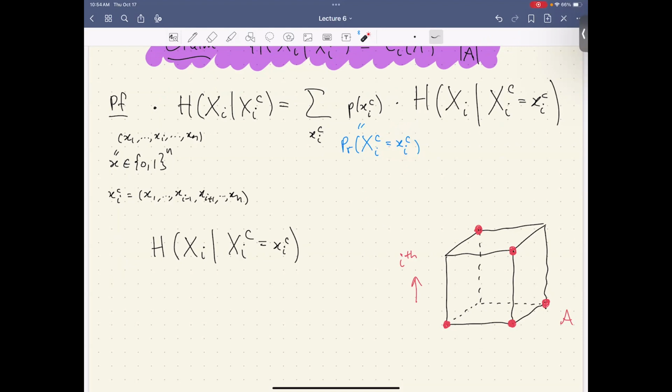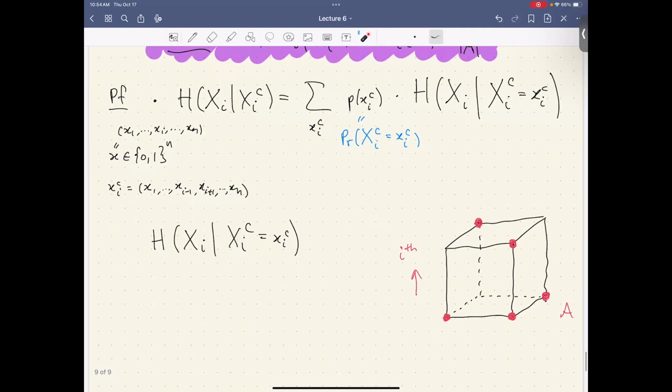Okay. The key point here to associate to the number of edges in A is that in the i's direction, let's do two cases.